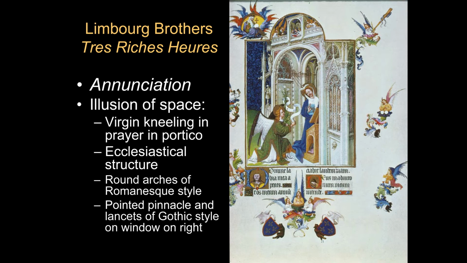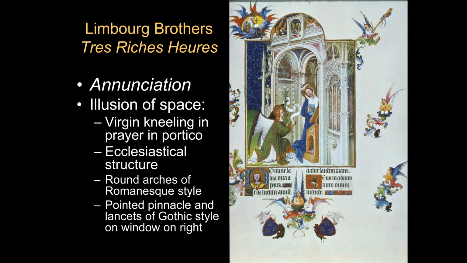And one of the interesting things that Panofsky noticed was that in some of these paintings, you do have a contrast between the building that has round Romanesque arches and other sections that have pointed Gothic arches.